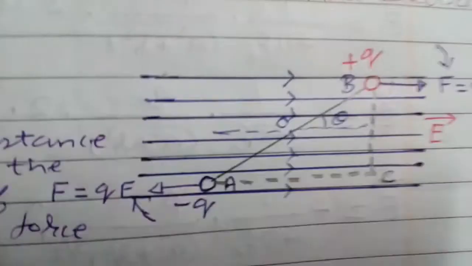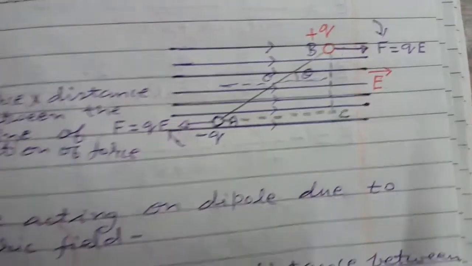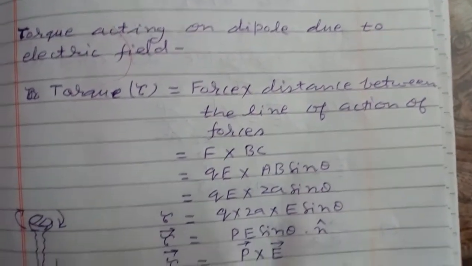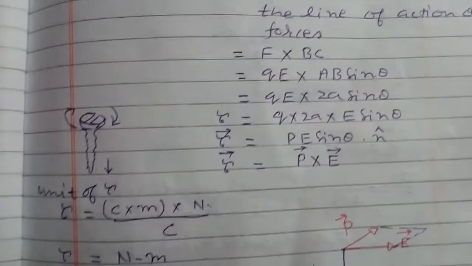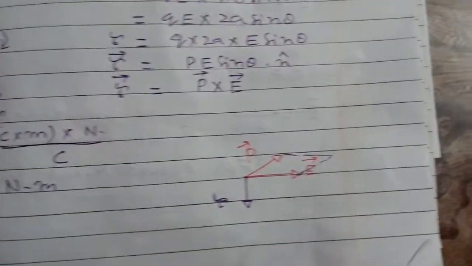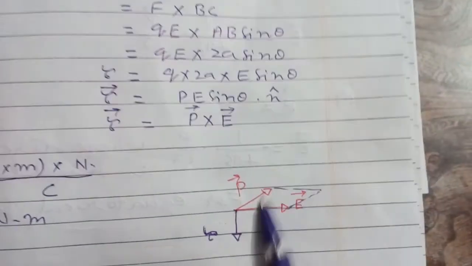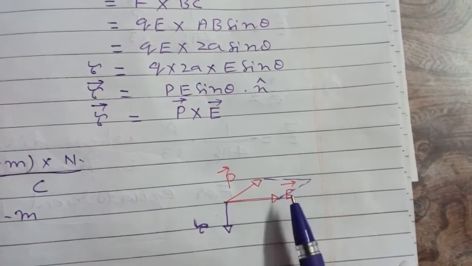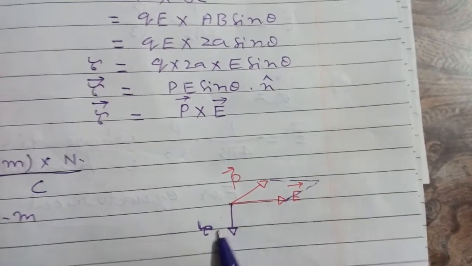Have a look at this diagram. This is a diagram showing the direction of torque tau. This is E, this is P, and this is torque tau.